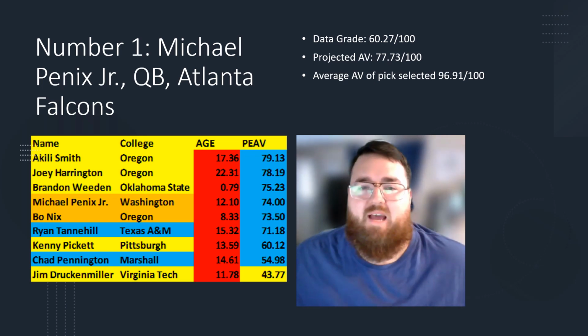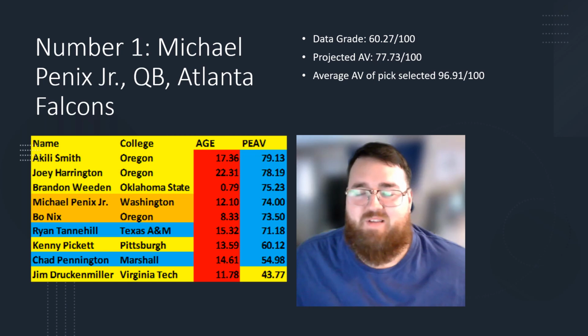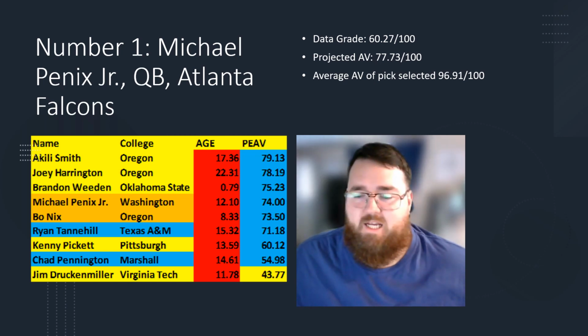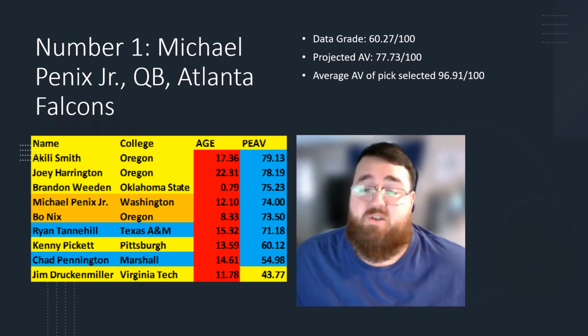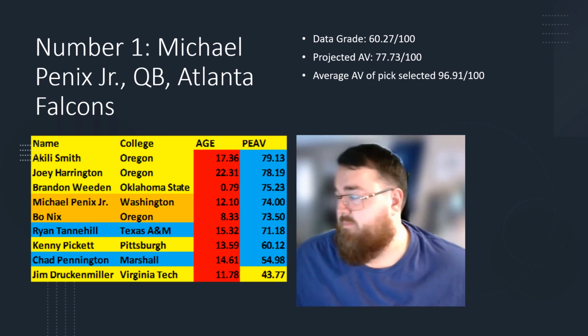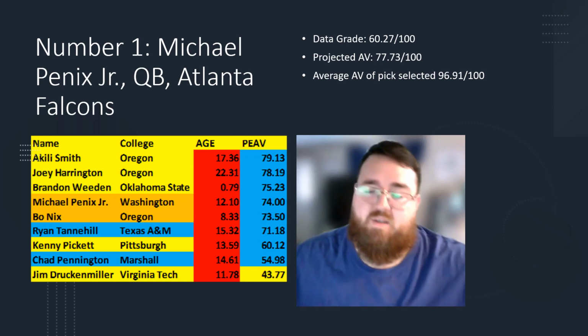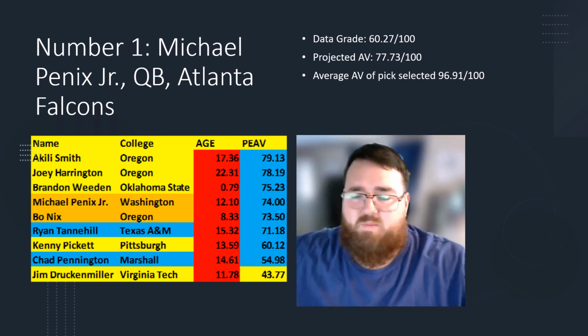Then, of course, we have the number 1 or worst draft pick in the 2024 NFL first round, and it's Michael Penix Jr., quarterback out of Washington. Now, I understand there might be some hate, some flak for this, but I think nobody can disagree with this because this is the worst pick for many different reasons.